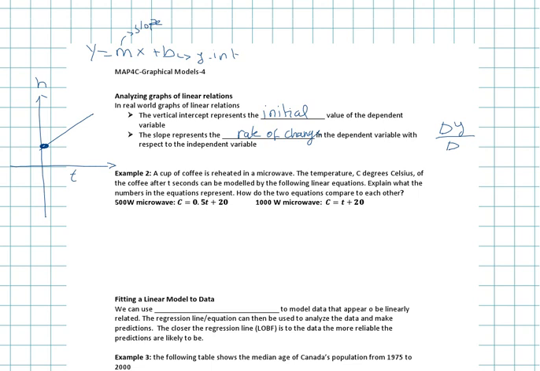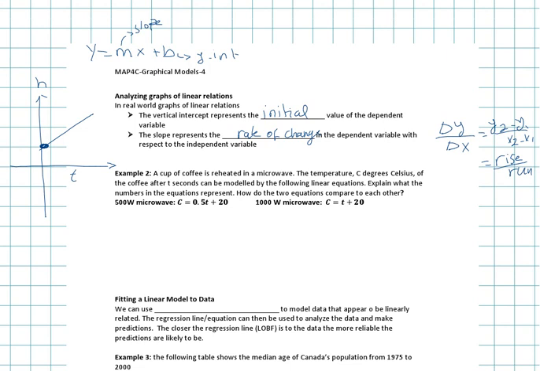Delta means the difference between y over the difference between x, which is the same thing as y2 minus y1 over x2 minus x1, which is the same thing as rise over run. All of these you should have seen before. You should know these.